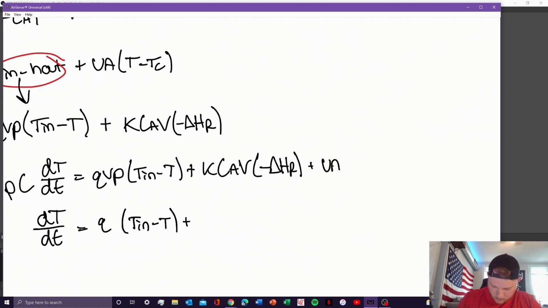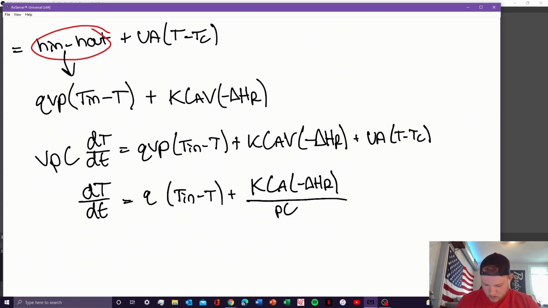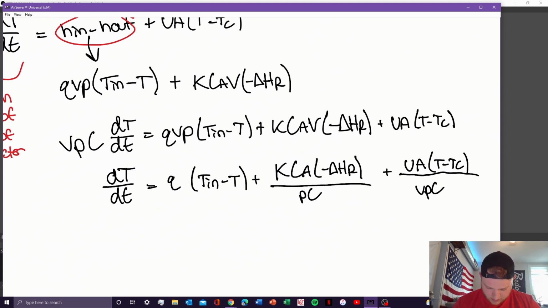Could have UA up here. Plus K times CA over rho C and plus UA times T minus TC over V rho C. It's actually rho. I just can't draw a rho, so I just draw P's instead. Gets the point across.